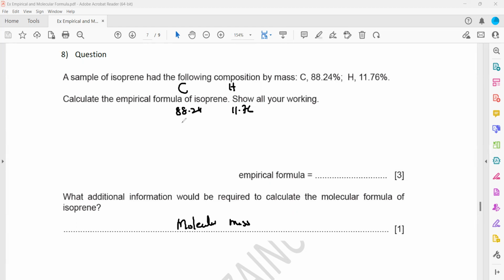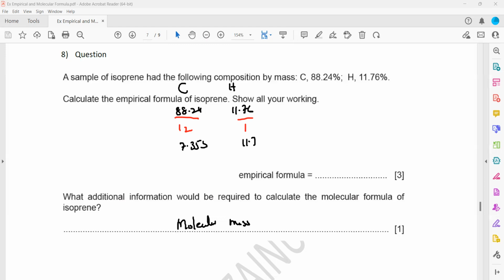So we divide by atomic mass, this will be 12, this will be 1. So 88.24 divided by 12 is 7.35.